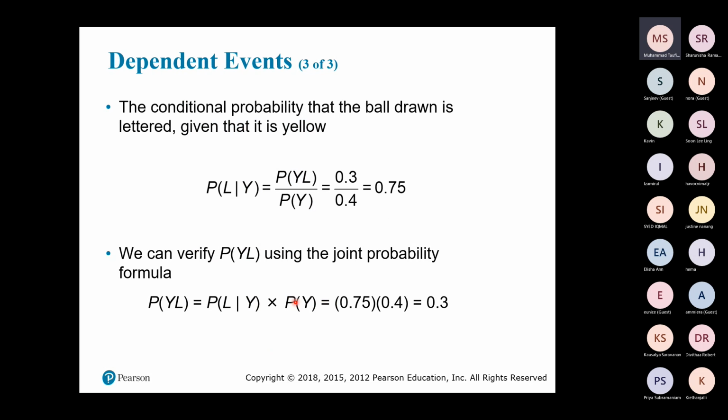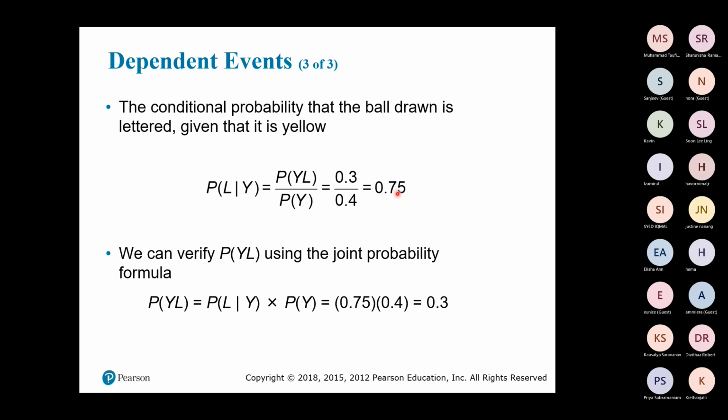So the conditional probability of getting a lettered ball after you draw a yellow ball is 0.3 divided by 0.4. You solve this and you get 0.75. That is the probability of getting a lettered ball after you draw a yellow one.